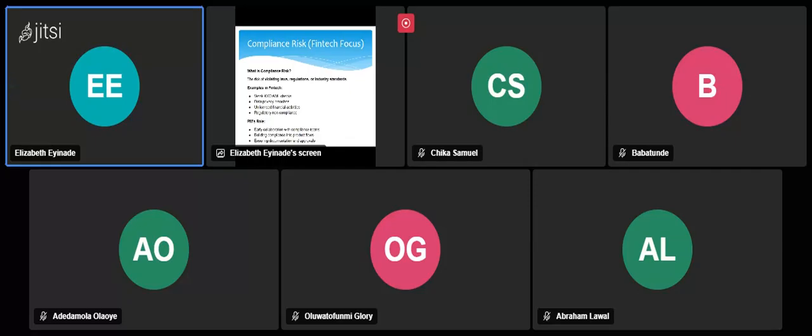Okay, they said the maximum amount that you can receive a day is 50,000 naira, for instance. Are you ensuring that transactions that are sent are not more than 50,000 naira? So that rule has to be there, so that you monitor all of those things.